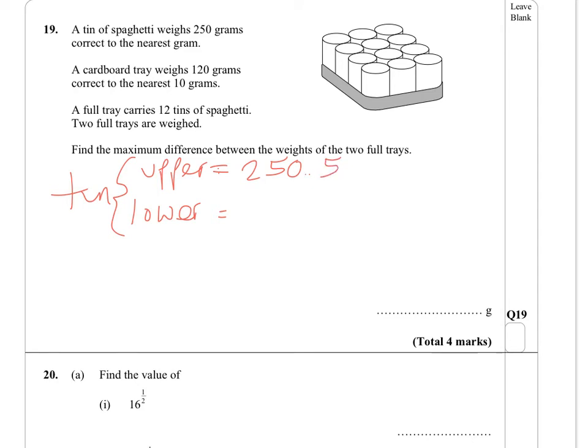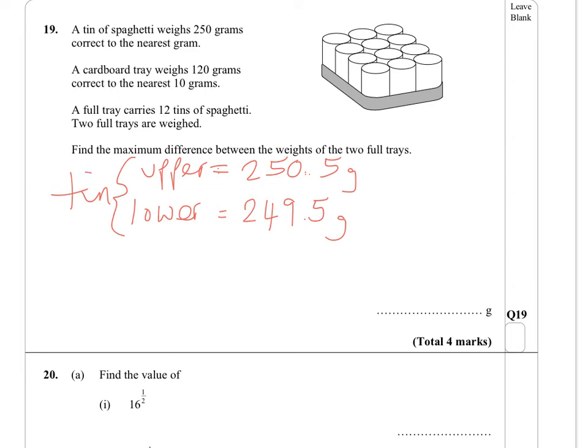And the lower, smallest it could be and still be rounded to 250 grams, is 249.5 grams. Okay, so that's the tin.